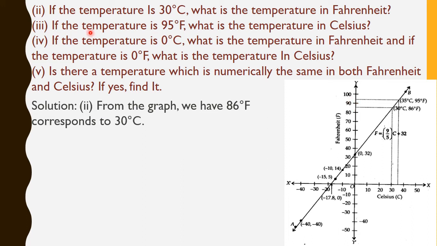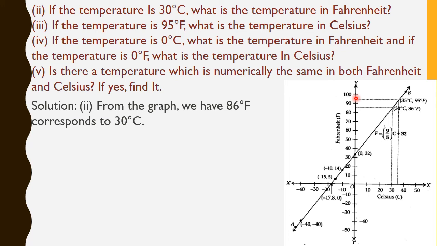Similarly, question number 3 says, if the temperature is 95 Fahrenheit, what is the temperature in Celsius? Since they are talking about 95 Fahrenheit, we have to work along the y-axis, because we have plotted Fahrenheit along the y-axis. So if we move towards the value 95, it will be right over here, the mid value between 90 and 100.